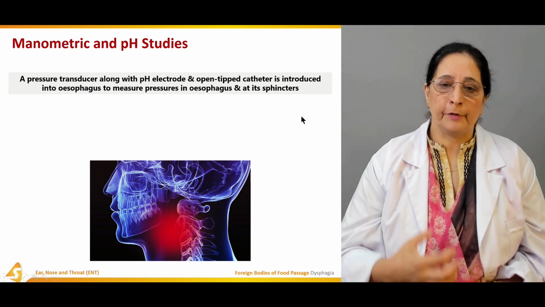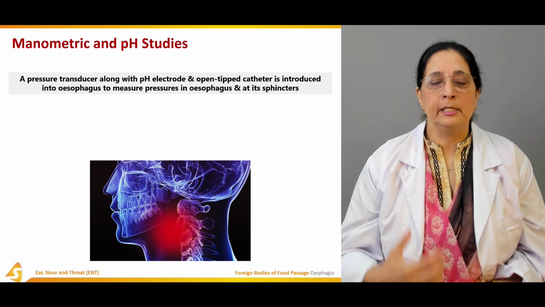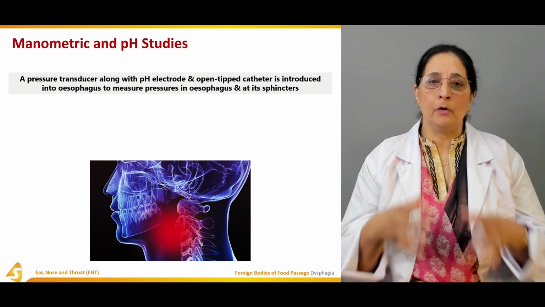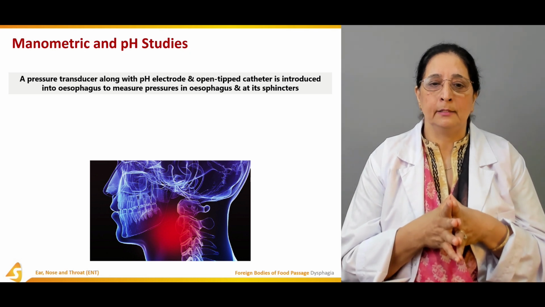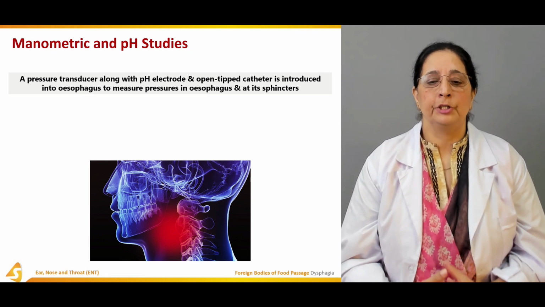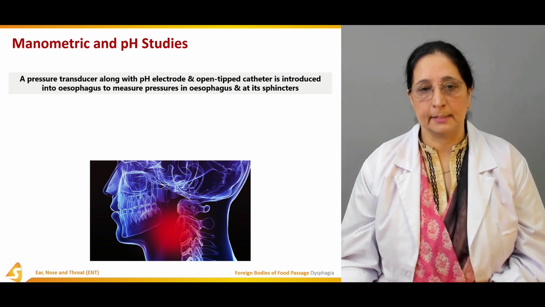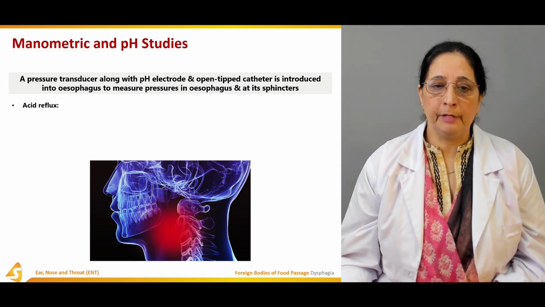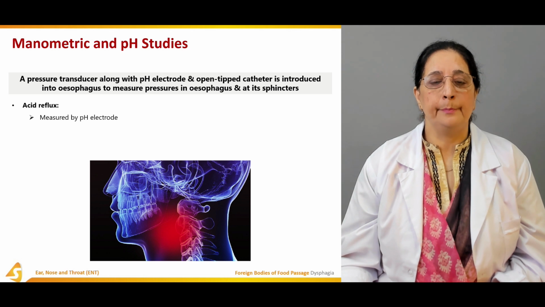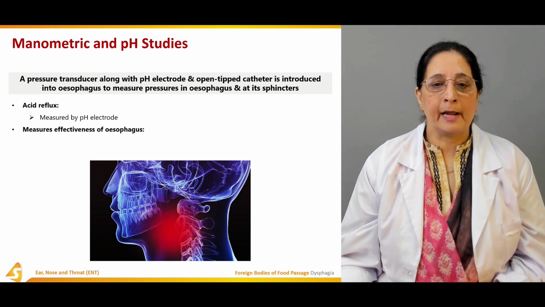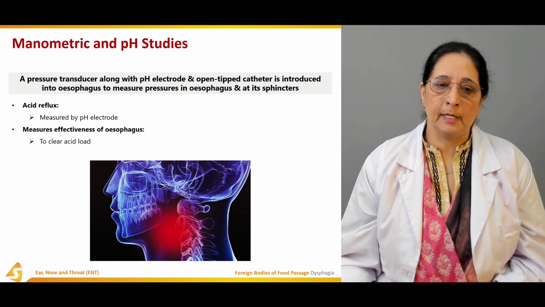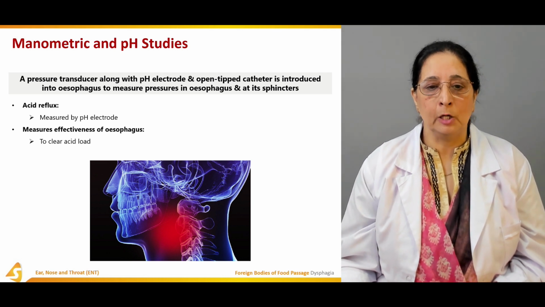Acid reflux is measured by the pH electrode, which measures the effectiveness of the esophagus to clear the acid load.